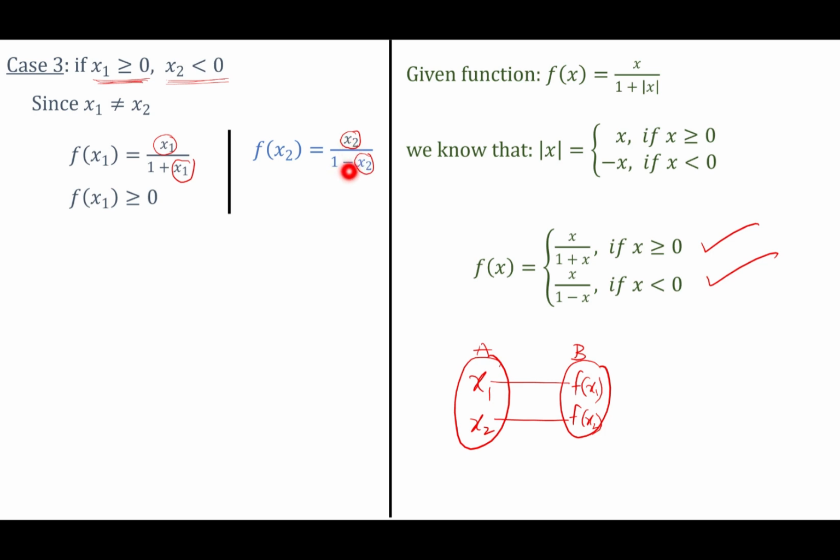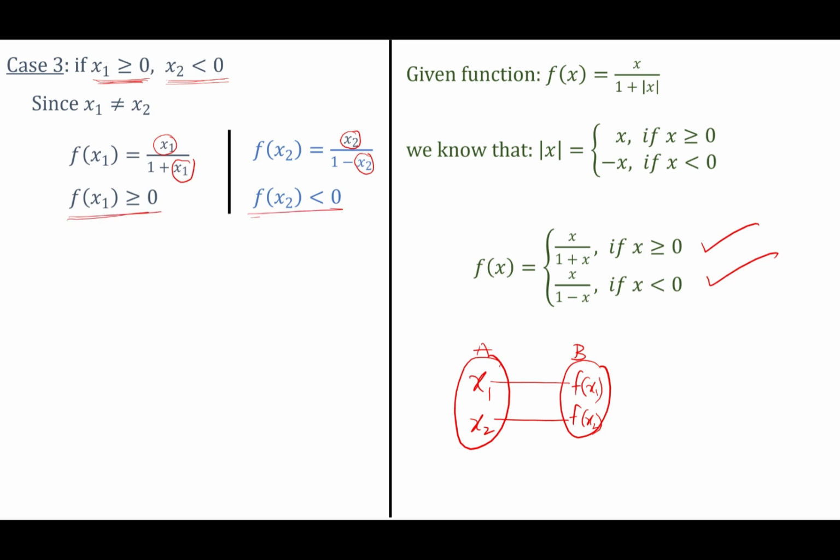But if I write negative 0.5, it will be negative some value. If you take any negative values, you will get the result as negative. So f of x2 is always less than 0. So I have two different images.